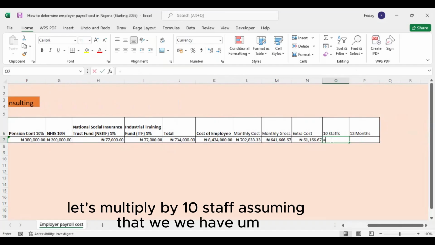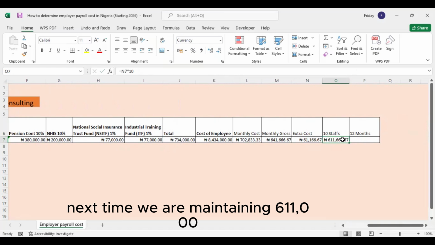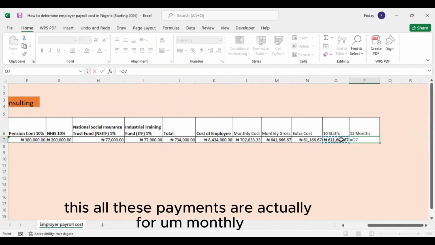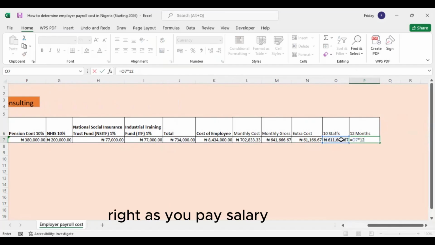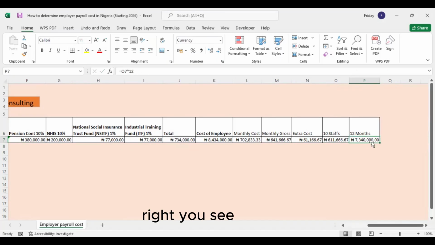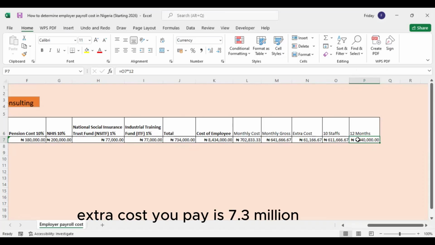Let's multiply by 10 staff, assuming we have 10 staff we are maintaining. Because all these payments are monthly, as you pay salary, you take the deductions and pay to the statutory authority. For maintaining 10 staff for one year, the extra cost you pay is 7.3 million.